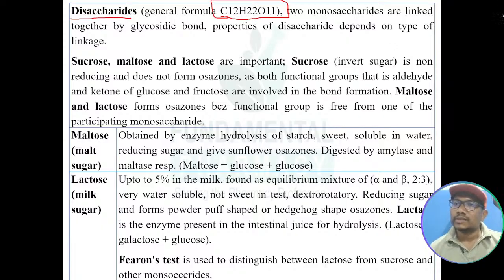When two monosaccharides are linked together or joined together by a glycosidic bond, that forms a disaccharide. Properties of a disaccharide depend on the type of linkage present.